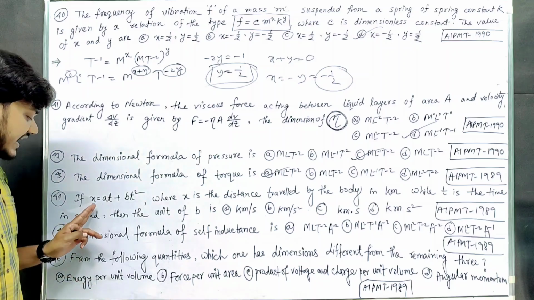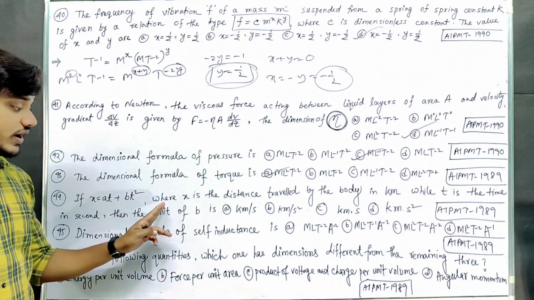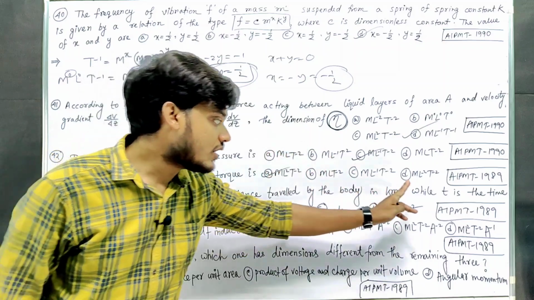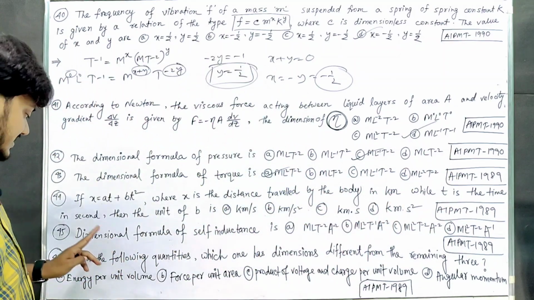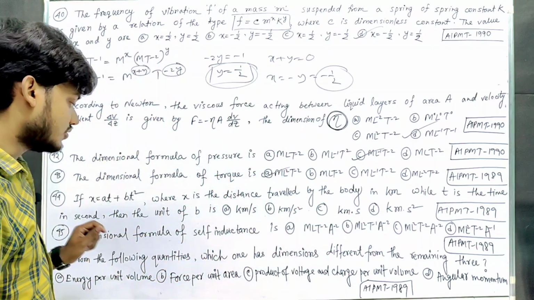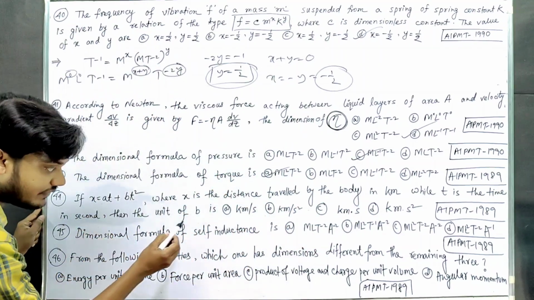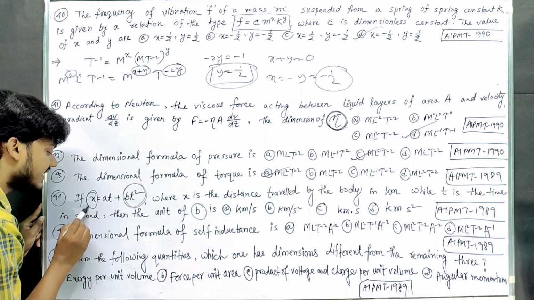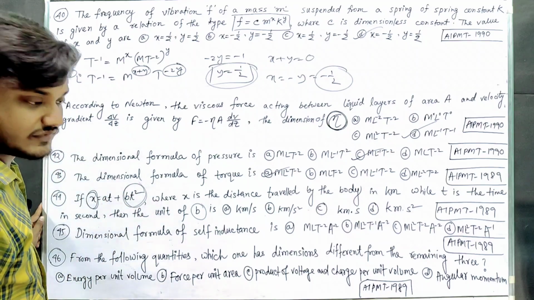Next, if x equals a t plus b t square, where x is the distance traveled by the body in kilometer, while t is the time in second, then the unit of b is, options are given. So b t square and x are dimensionally equivalent.